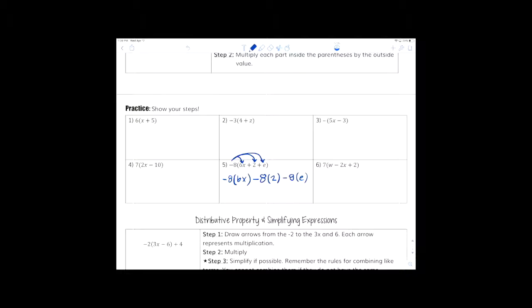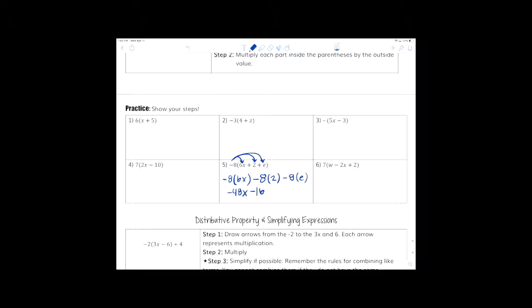Okay? Now I just have to multiply these out. What do I get when I get negative 8 times 6x? Negative 48x. Okay, I have a negative 8 times 2. What do I get there? A negative times a positive?